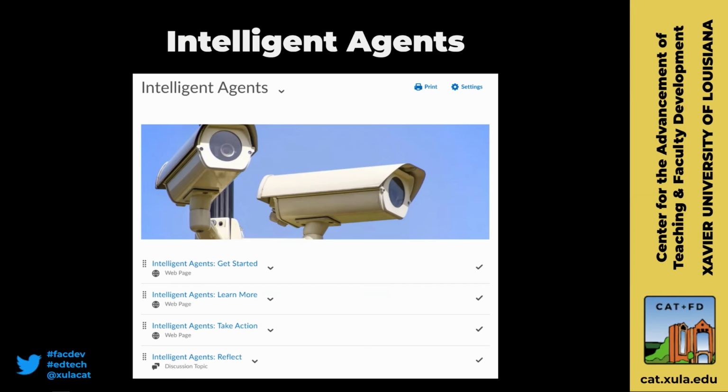Intelligent agents is one of the Lex Advanced topics that we did talk about, and it's a module that's also in the Learn Everywhere Zula course. So if you want some information or review, you can go back to that course for that.